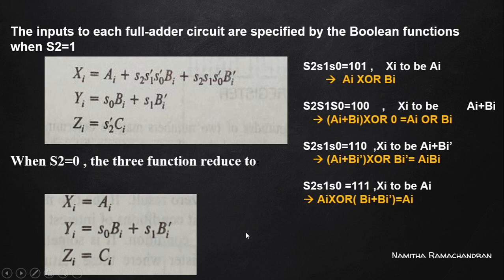Okay. In case of our 4-bit arithmetic circuit design, we have already derived this expression. The same is possible here in the logical circuit also. But we need to consider this Xi part. This is entirely different in case of logical operation. So consider this expression. Okay. With S2, S1, S0 of the form 1, 0, 1.